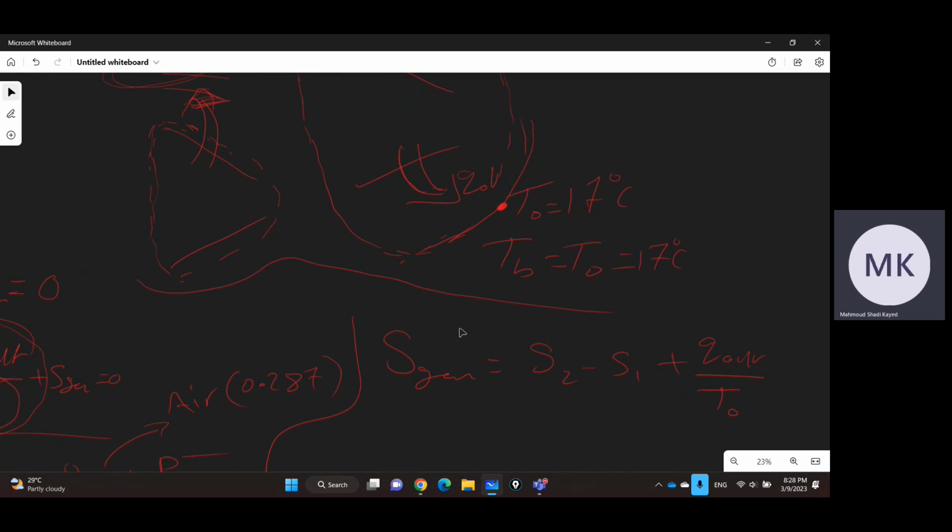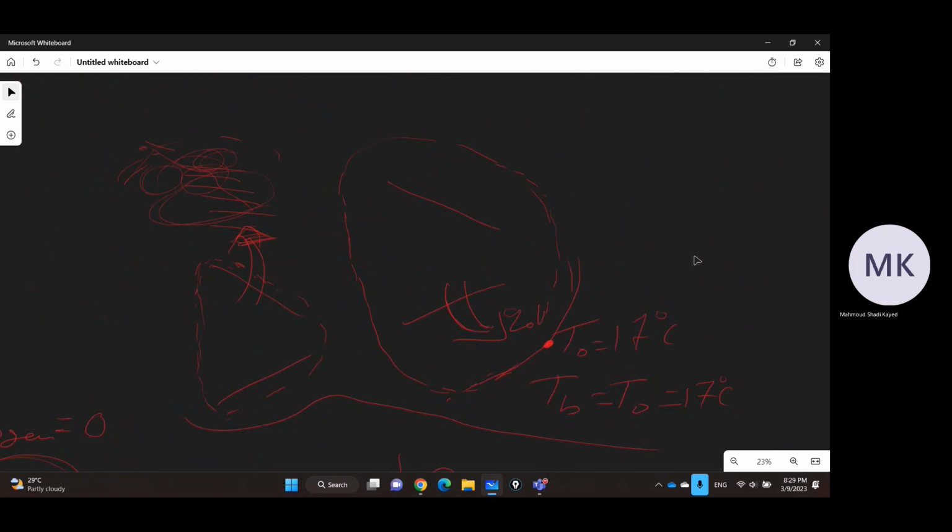Now, as you can see, the difference here: for the other case, the entropy generated is S2 minus S1 plus Q out over the boundary temperature, which is between the 65 degrees centigrade and T2.